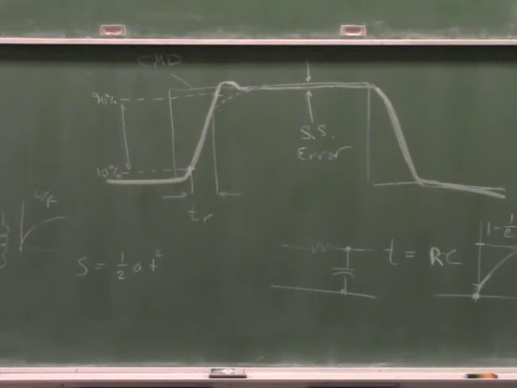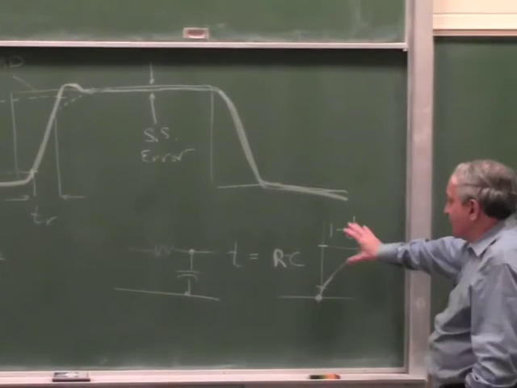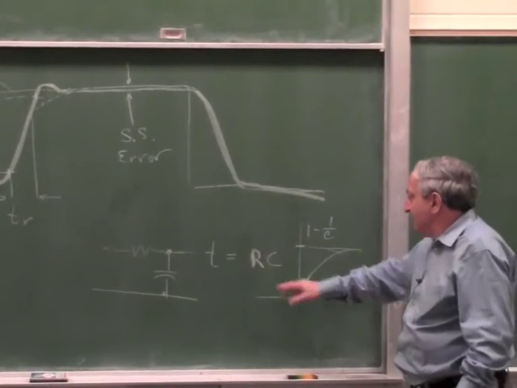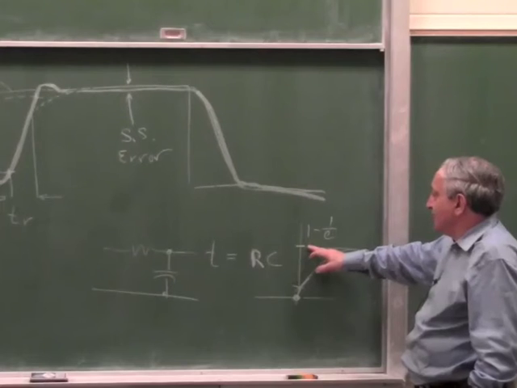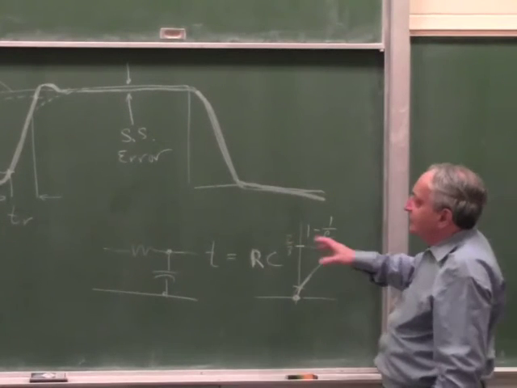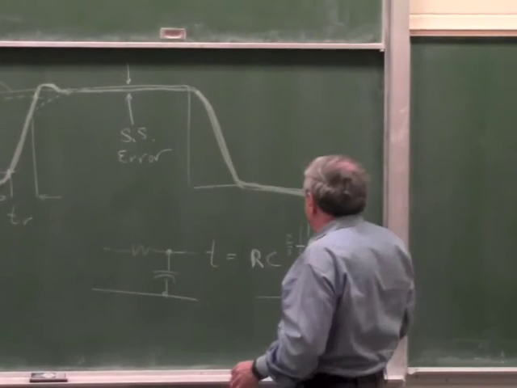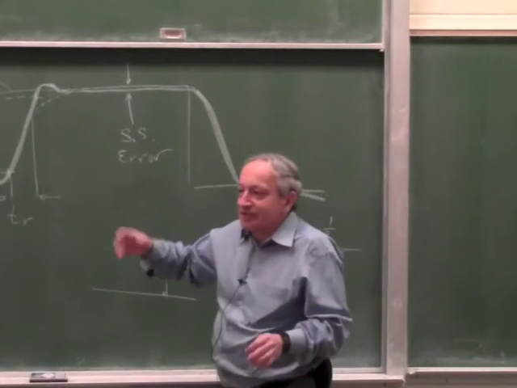Whatever it is, 63%, is it? I can't remember, 67% or 63%, but basically it's 2/3. So the time constant is the time it takes something to go from 0 to about 2/3. That's the easiest to remember. And that's different than the definition of rise time. Roughly speaking, the rise time is about 2 time constants.